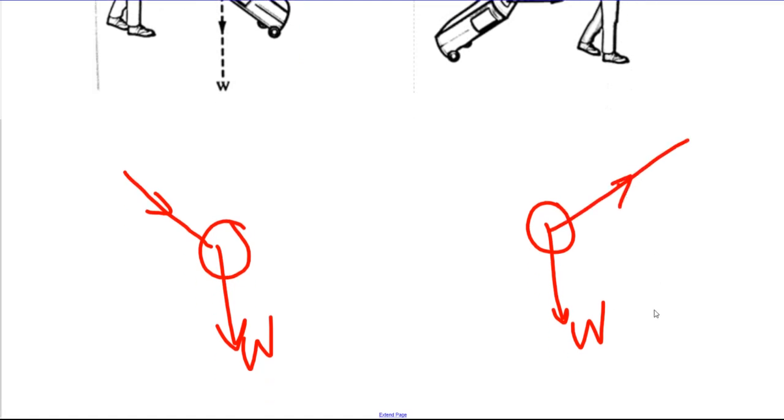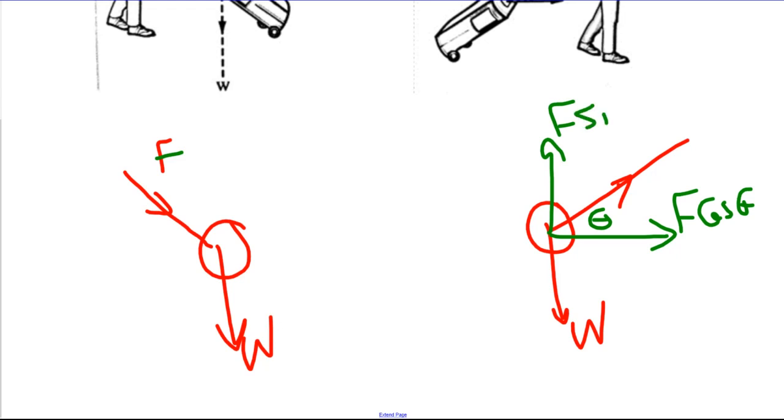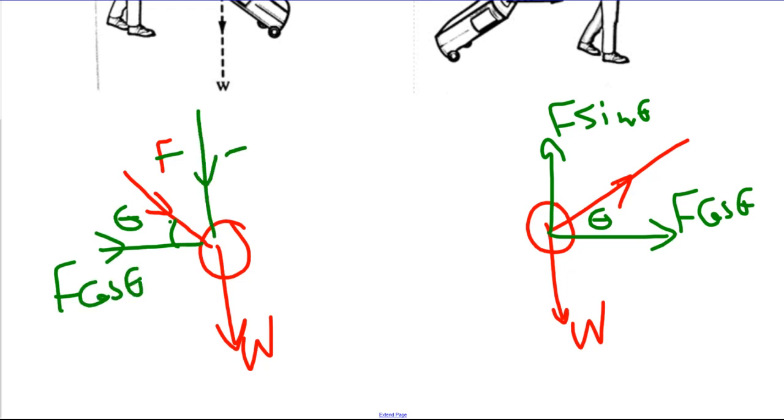this from behind. If you resolve this component, you have here theta, this is F cosine theta, and this is F sine theta. If we have here an angle theta, this is going to be F cosine theta, and this is going to be F sine theta.